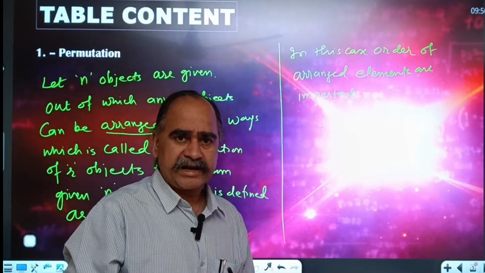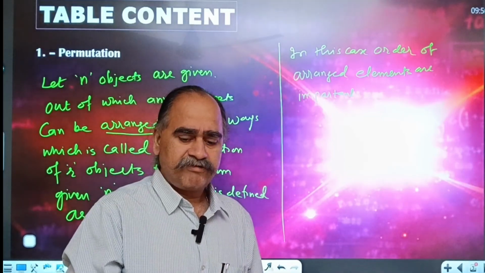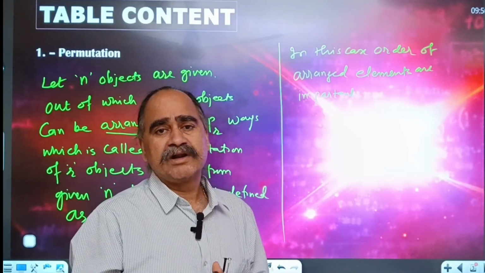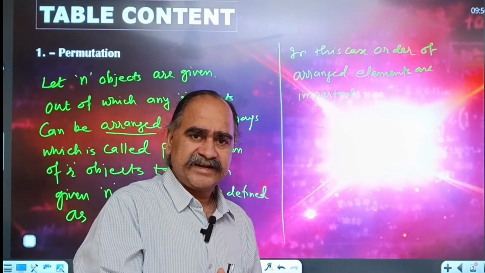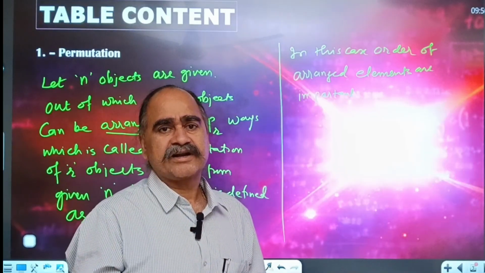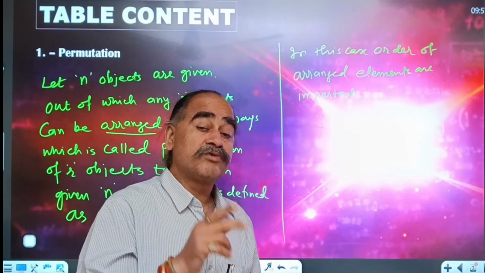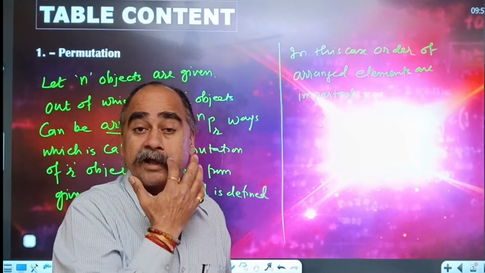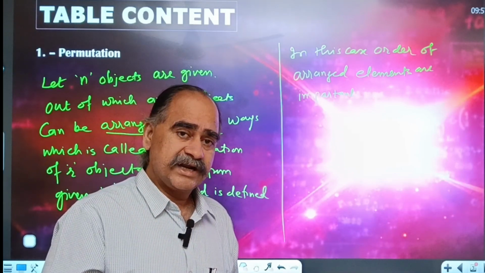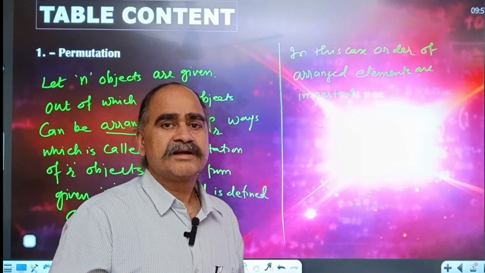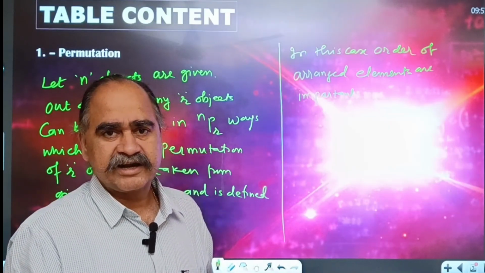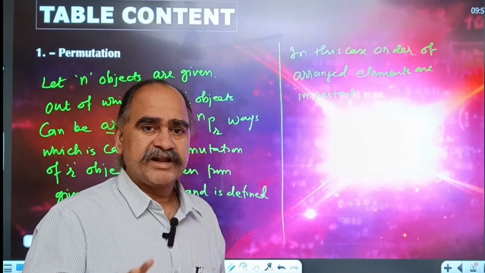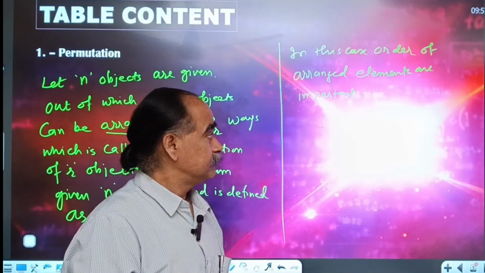In which order you are arranging elements is important. For example, on two chairs you are arranging two persons. Ramesh on the left side and Suresh on the right side, or Suresh on the left side and Ramesh on the right side, gives you two different arrangements. Whereas in selection, whether I select Ramesh first or Suresh first will not make any difference. So in selection, order does not play an important role, whereas in arrangement it does.